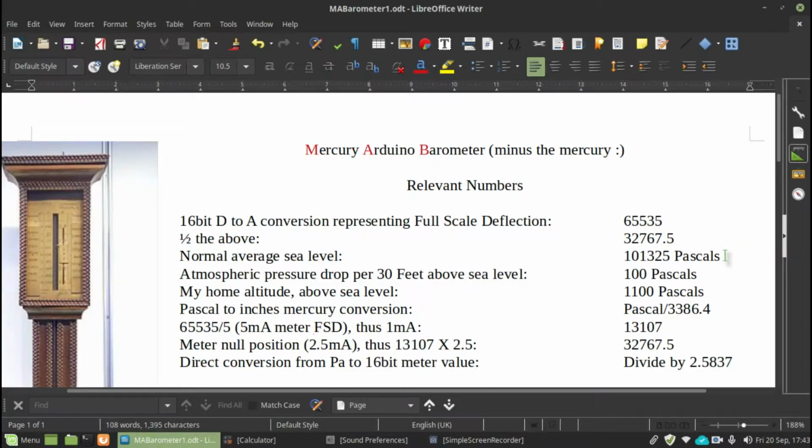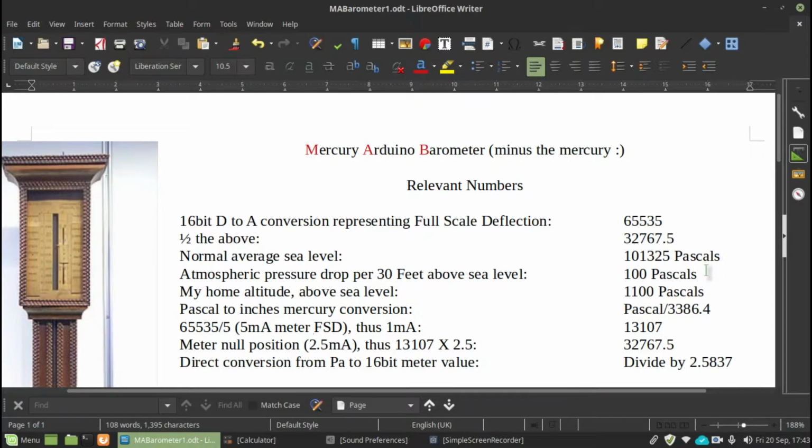For my part of the world, which is in Torquay, UK, this represents 101,325 pascals. I don't know about other parts of the world. I assume it to be the same, but that's what it is here.